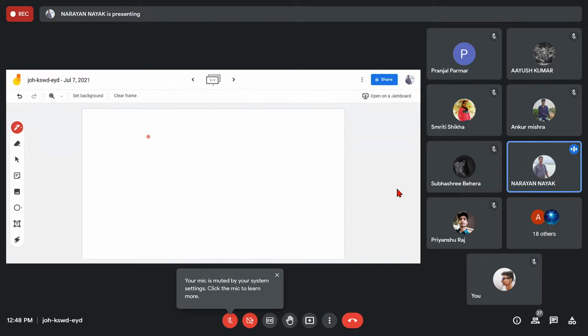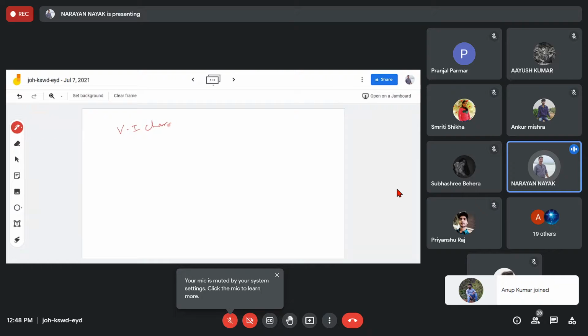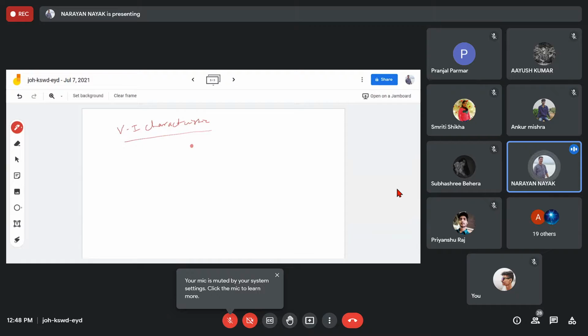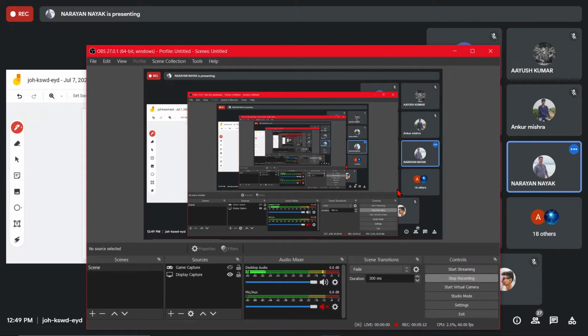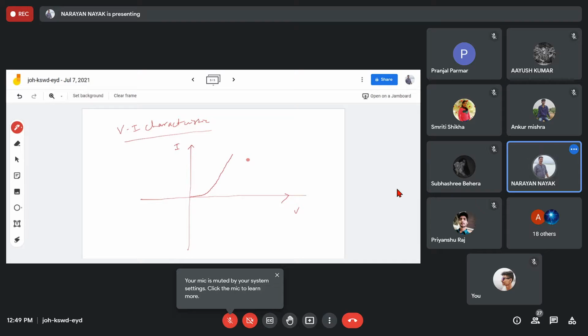Okay. So here I'll remind you what the VI characteristic actually is. You know this is your voltage and this is your current. Okay, so you are getting this type of curve.